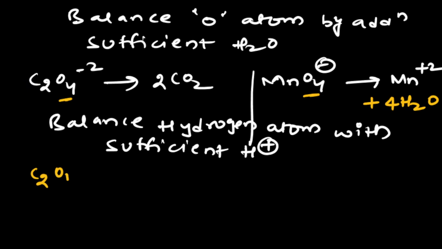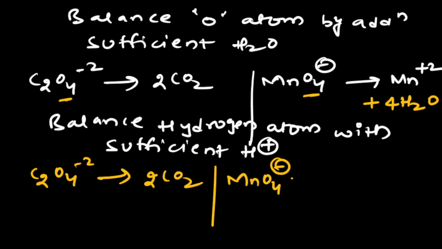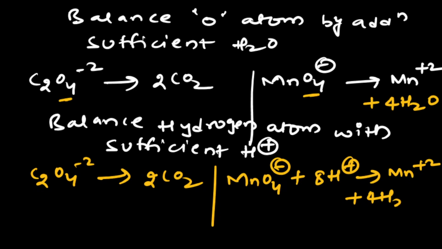But on the MnO4- side, how many hydrogen atoms do we have? 8, right? So add 8H+ at the reactant side. It gives rise to Mn2+ plus 4H2O. Now oxygen is balanced, hydrogen is balanced.